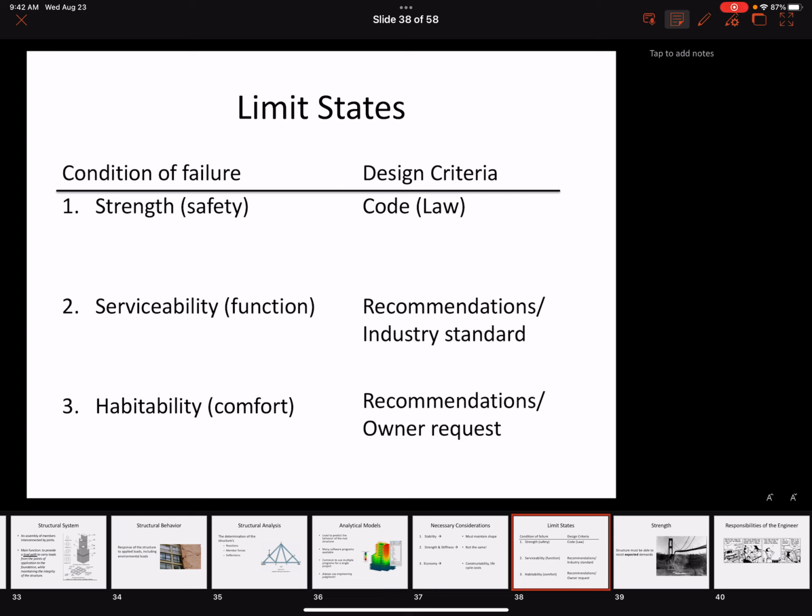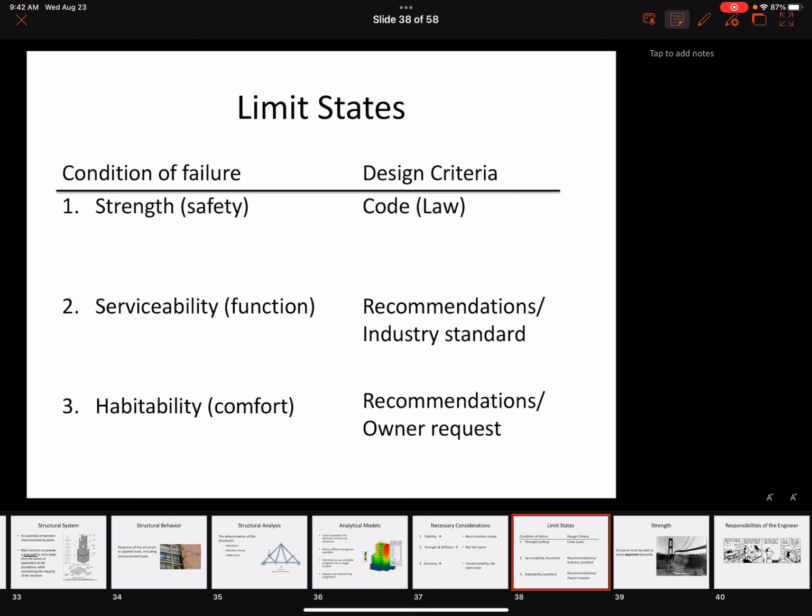How many of you have been in a building where the floor shakes just because somebody walked by? I think a lot of us have experienced that. That might be perfectly acceptable in a residential or office building, but in a hospital, that would not be okay because hospitals have very sensitive equipment that cannot be subjected to those types of floor vibrations. So the criteria that you design that sort of thing to is tied to the function of the structure.